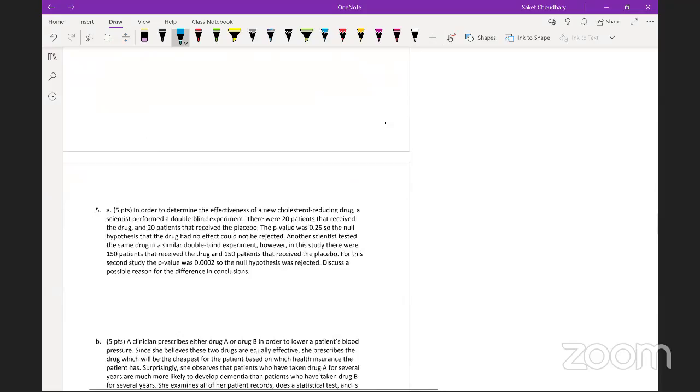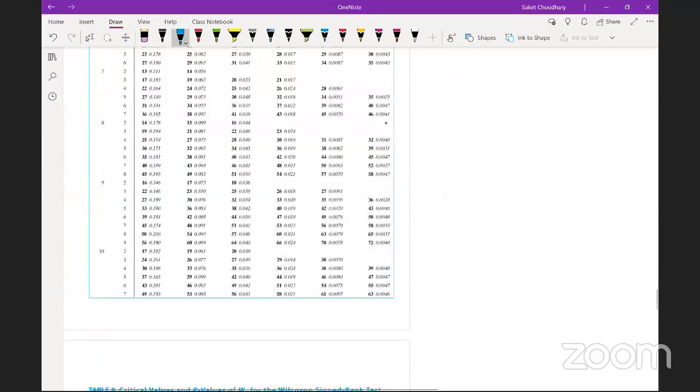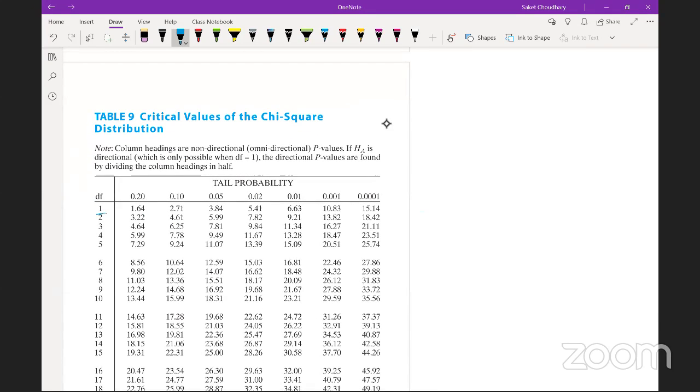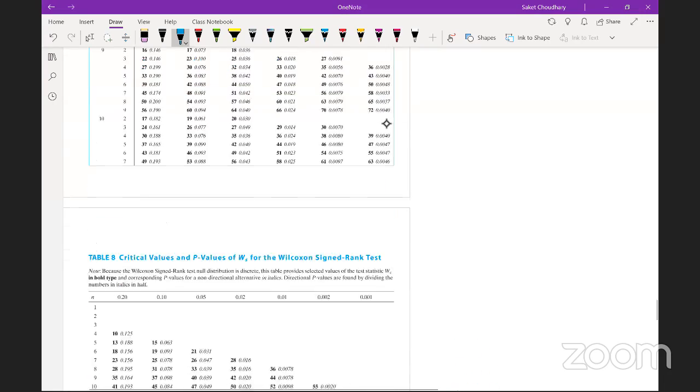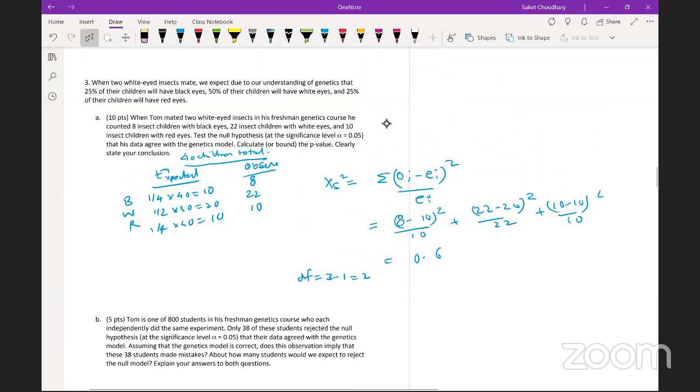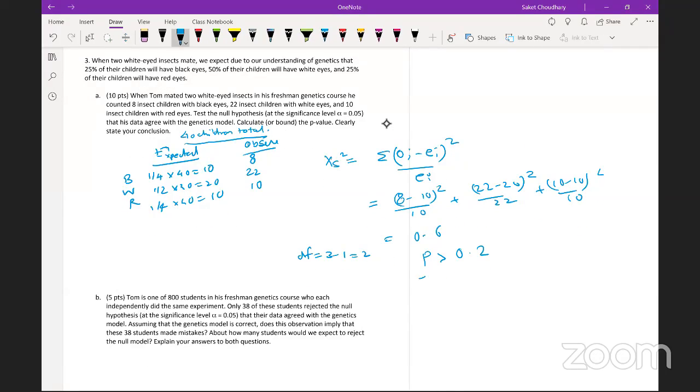So if you go to the chi-square table, look for 2 degrees of freedom. 0.6 is definitely not lying anywhere here. So P is greater than 0.2. This is already non-directional, so we are okay there. Hence we will fail to reject.